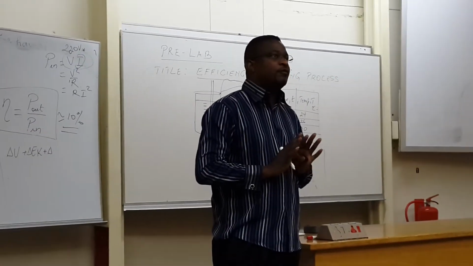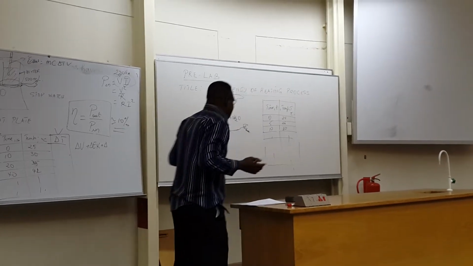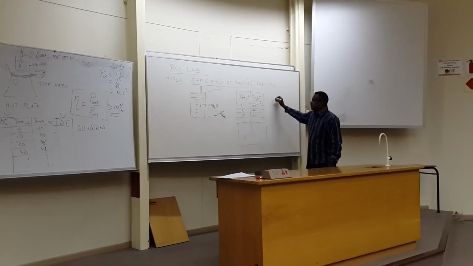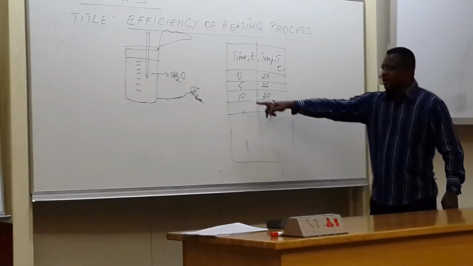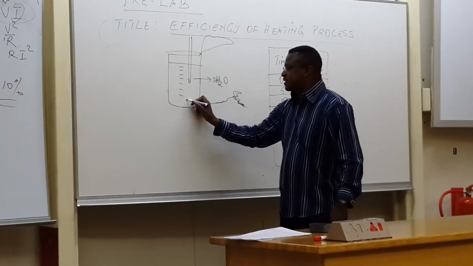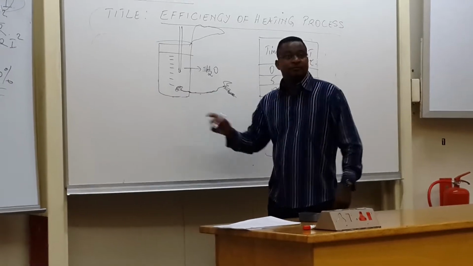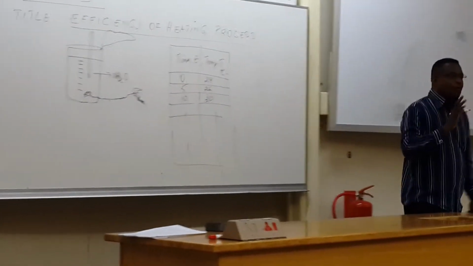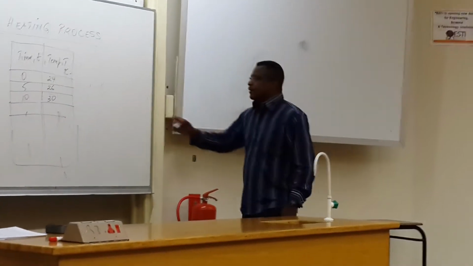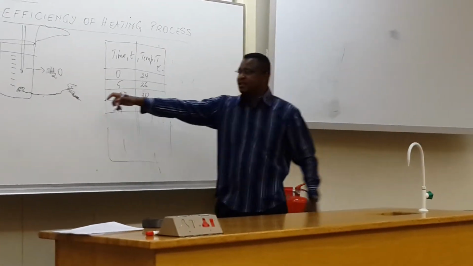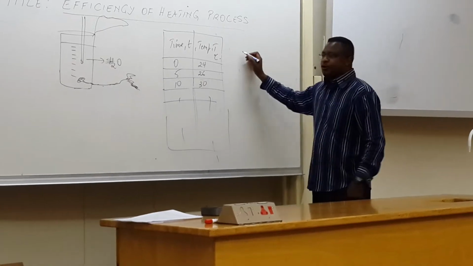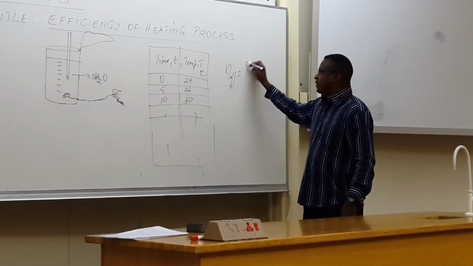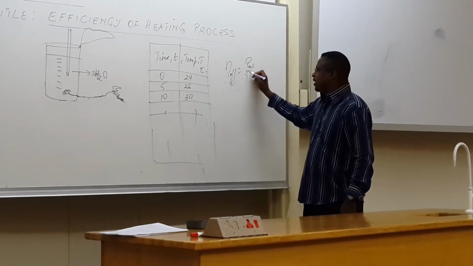Are we together so far, guys? And from there, you should be able to determine the resistance of this heating element. Now, to determine the efficiency in this case, you can use just the formula of P out over P in.